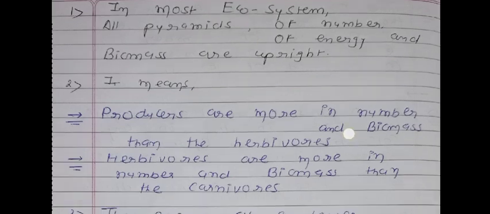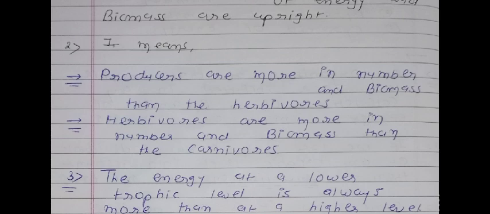See point number 2: producers, which are located at the first trophic level, are more in number as well as biomass compared to the herbivores. You know that herbivores are at the second trophic level.